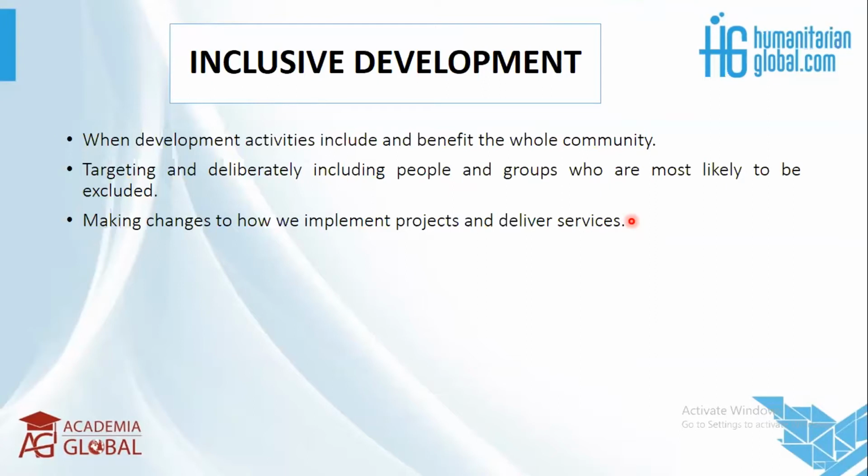For example, for us who are working in WASH, what modifications and changes do you need to make in a water project, in sanitation, in hygiene, in how you are delivering your hygiene projects? If you make these changes, you are now thinking in terms of being inclusive. You're bringing in the aspect of inclusivity because you do not want to leave anyone behind.